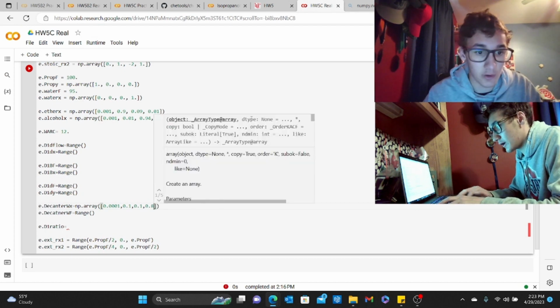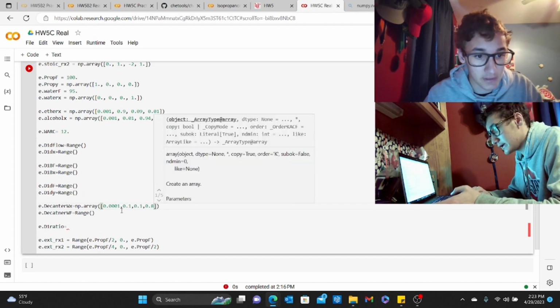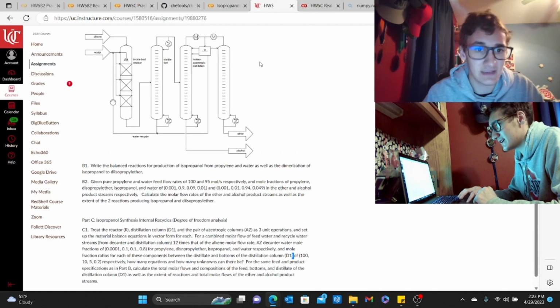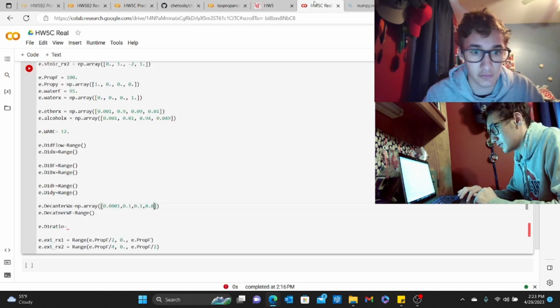So this is mostly water, very, very minimal amounts of alkene, and then equal amounts of ether and alcohol. Which makes sense. If they're being separated here, it'll be a decent amount that goes through.